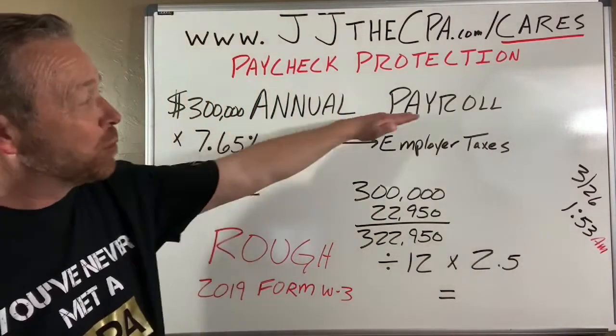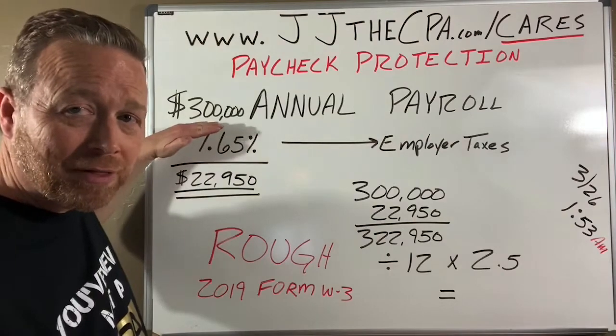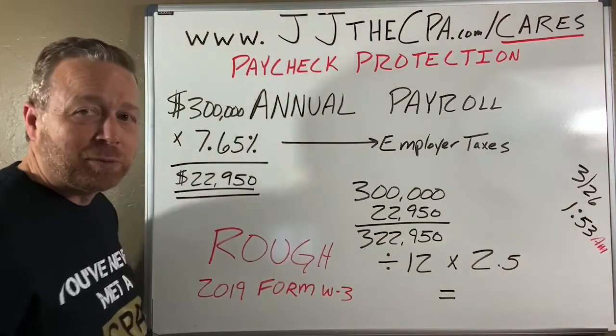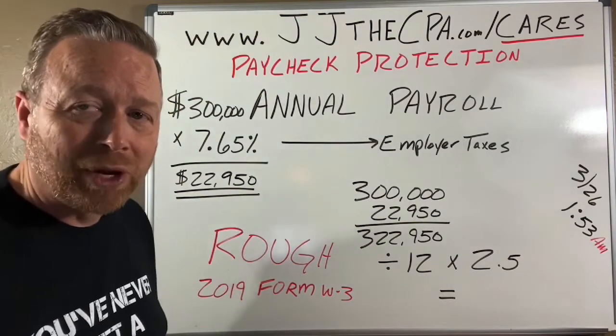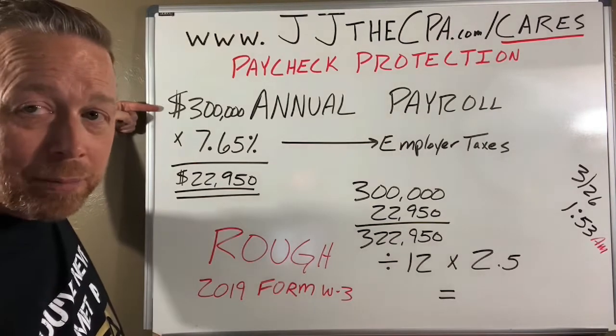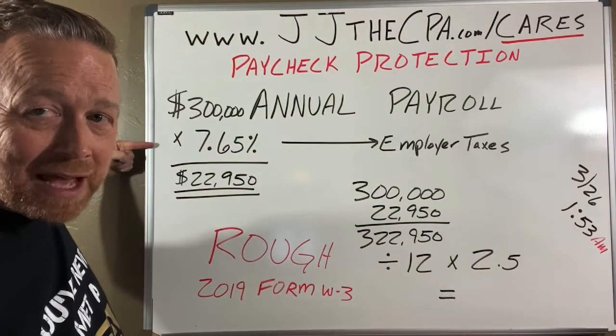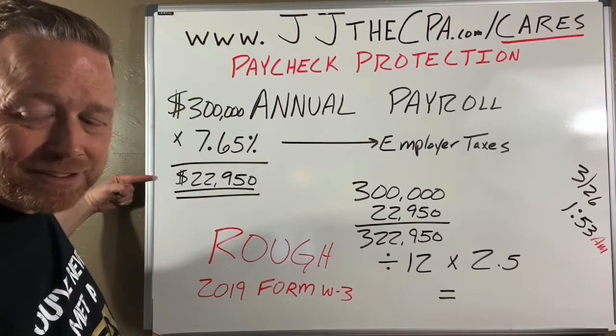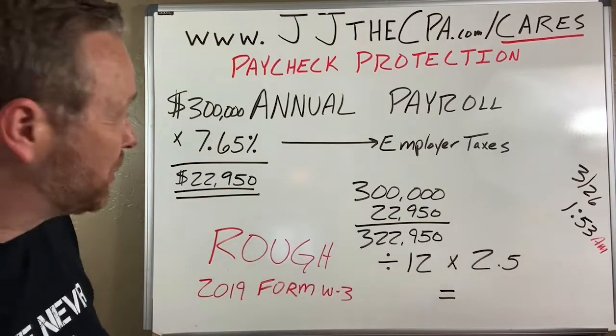You've got your annual payroll of $300,000. The payroll tax is 7.65%. That's the employer's payroll tax. So you take the payroll times that tax rate to get the payroll tax. This is quick and dirty.